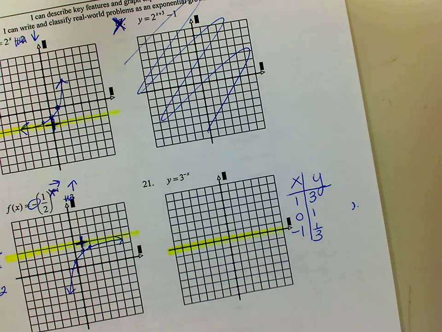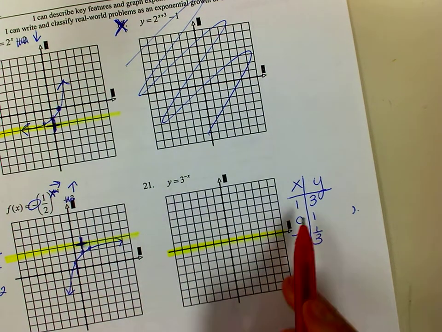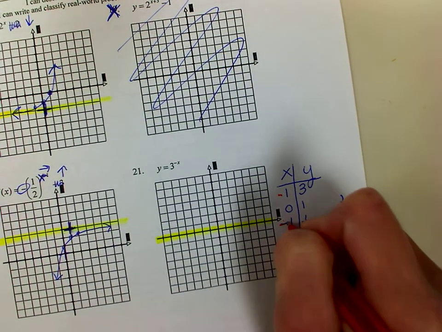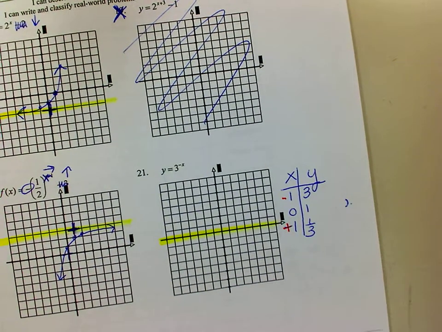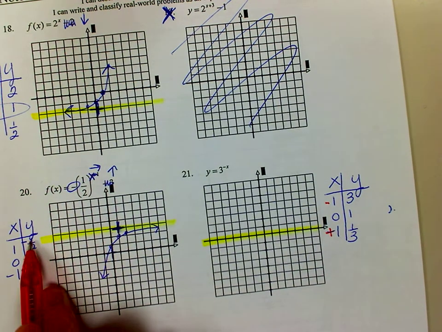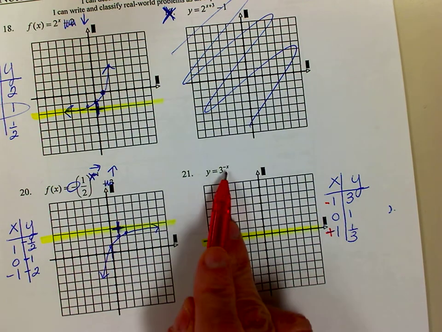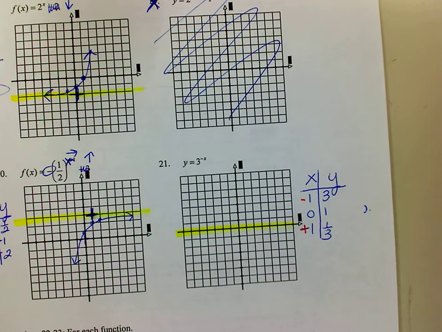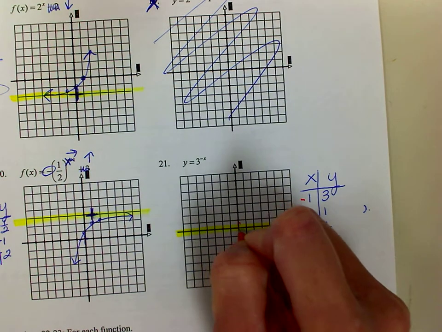Okay, this time the negative is with the x. So the x's change to the opposite. So that becomes a negative 1, that becomes a positive 1. Over here, the negative was not with the x, so the y's changed. This one, the negative is with the x, so the x's change. So I'm going to go ahead and plot these points from this origin.